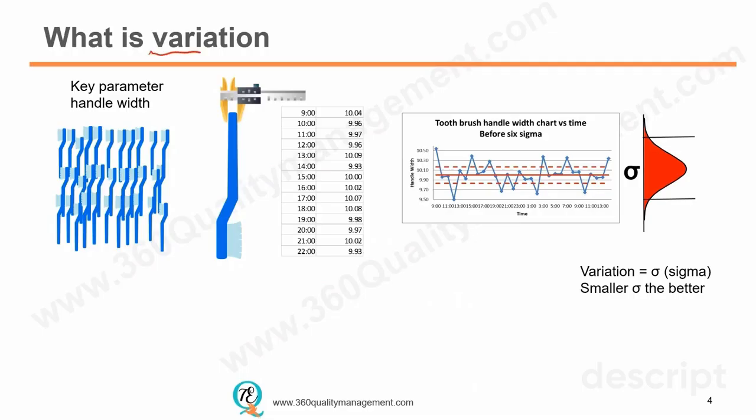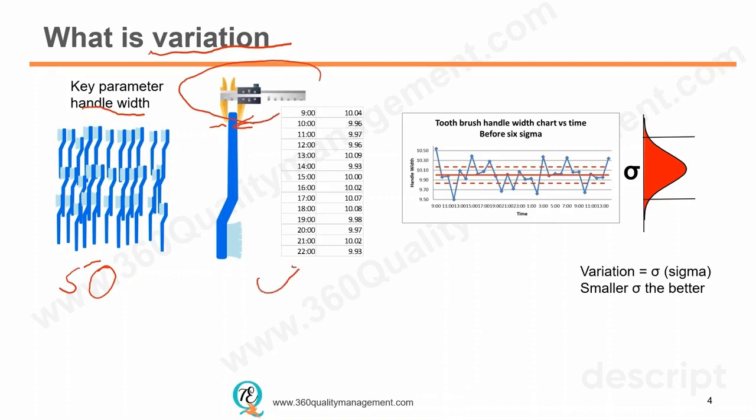Let's look at what is variation. Let's say one of the key parameters that we would like to monitor is the toothbrush handle width. So what we do is sample 50 toothbrushes from different times during the manufacturing process and measure the width using a vernier caliper.